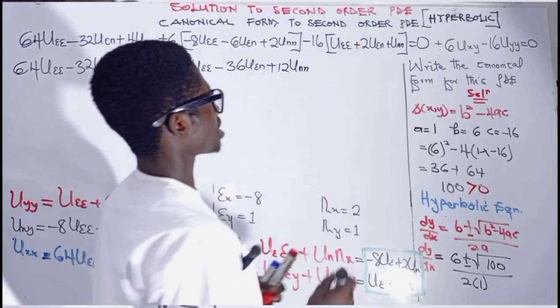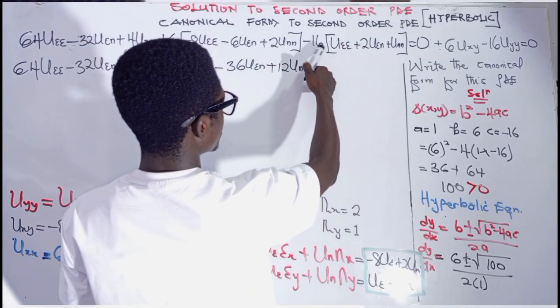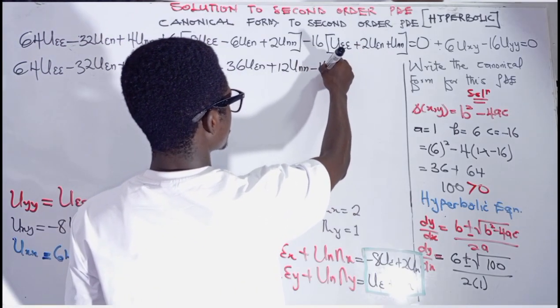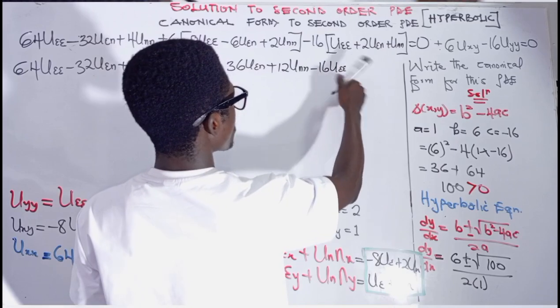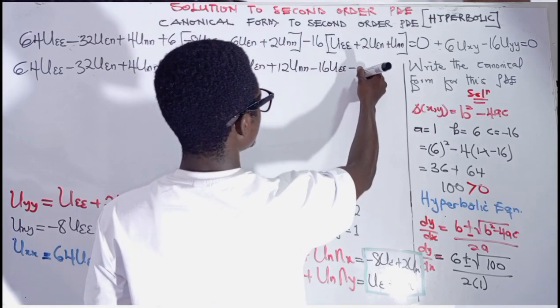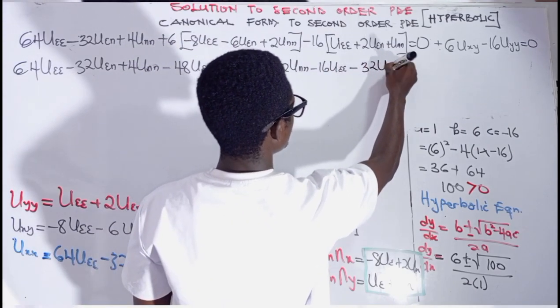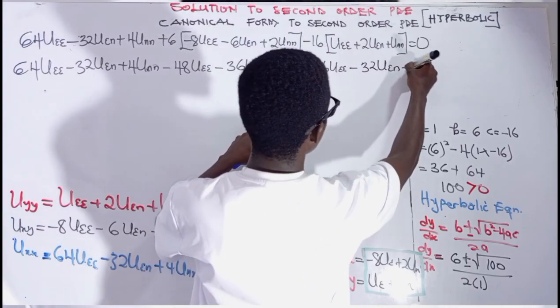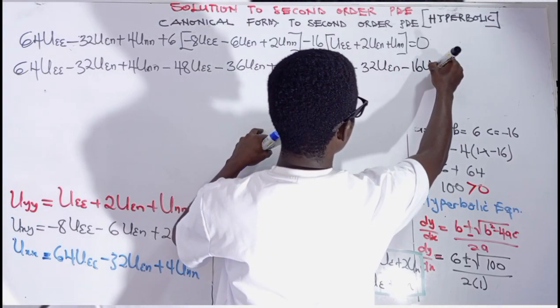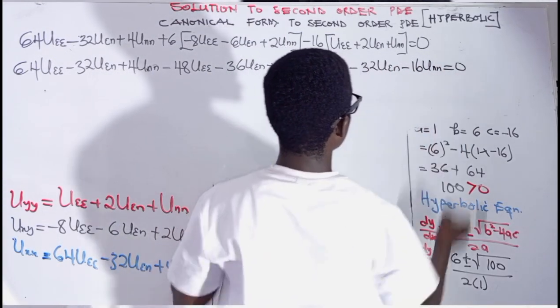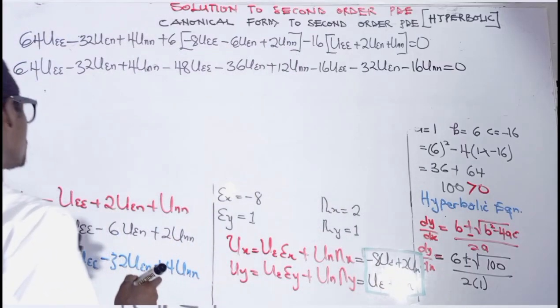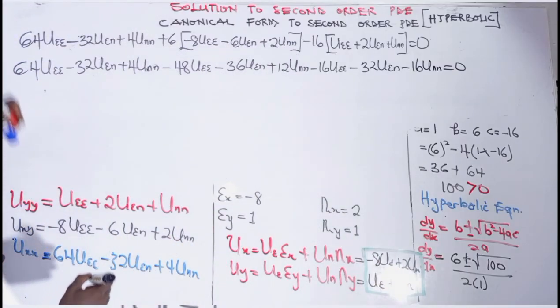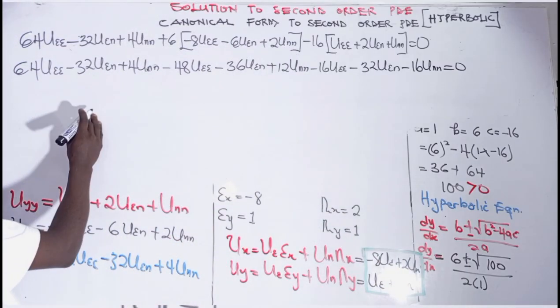Now let's expand this bracket as well. So we have minus 16 times this, which will give us minus 16 u xi xi, minus 16 times 2 will give us minus 32 u xi eta, and this will give us minus 16 u eta eta, is equal to what? 0.